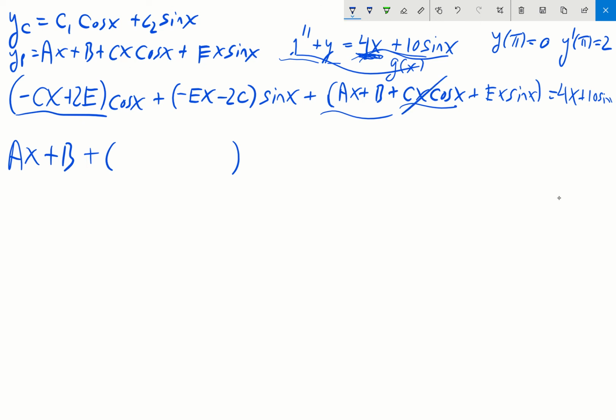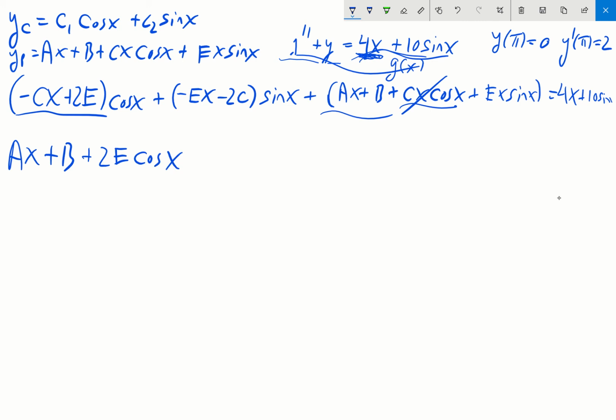Those two pieces will cancel, at least part of it will. So what we're going to have as a result is just the 2e with the cosine x. If you don't like this, you could distribute it all out, or combine like terms, and then recombine them.